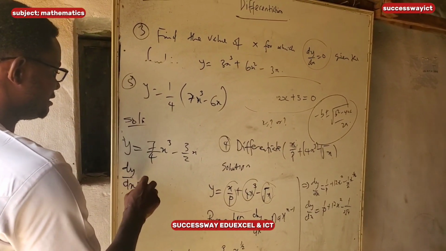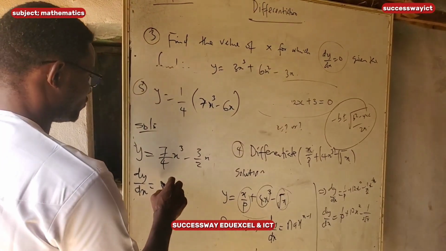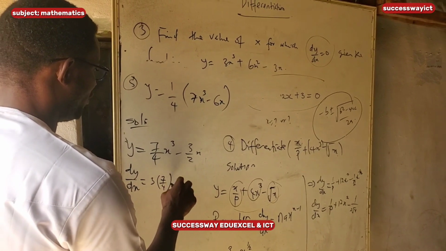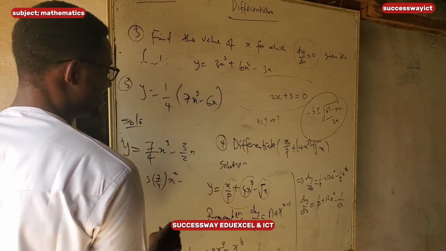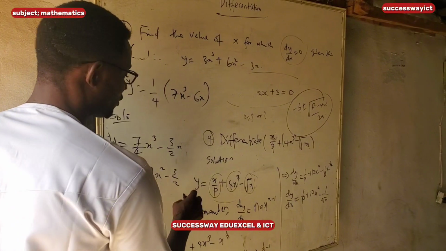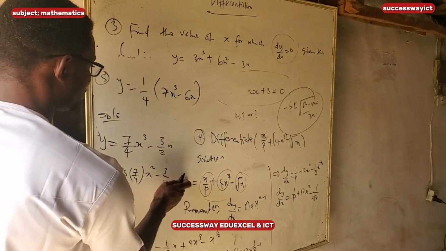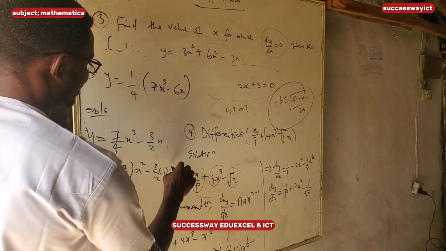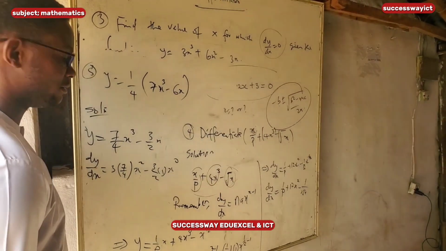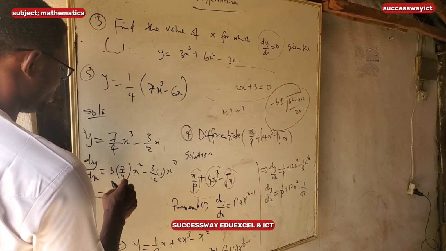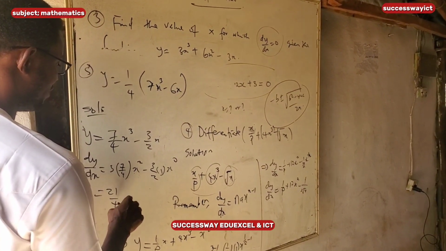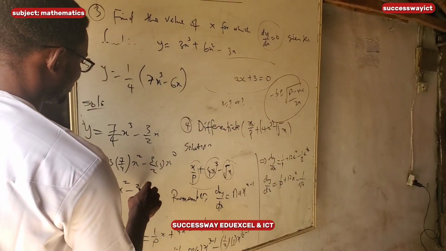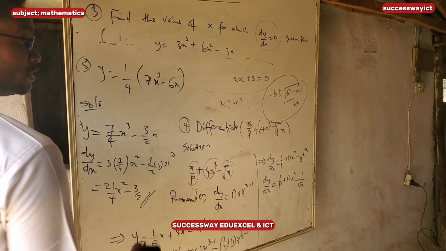So dy/dx is equal to 3 times 7 over 4 x squared minus 3 over 2 times 1 x to the power 0. This is equal to 21 over 4 x squared minus 3 over 2. This is your answer.